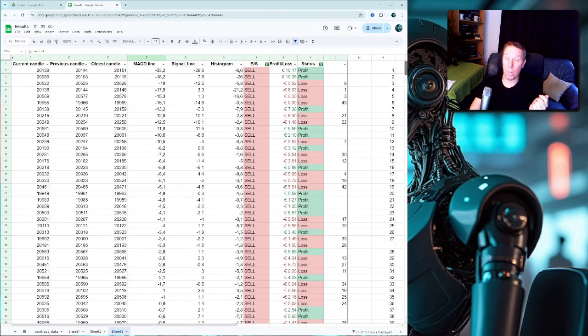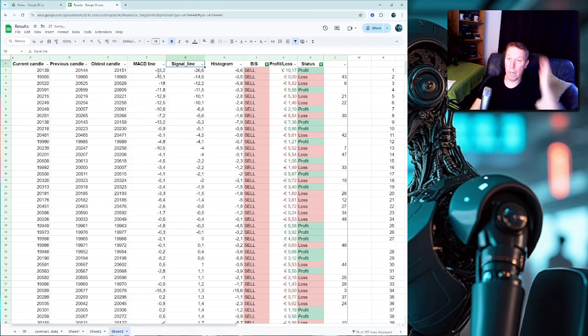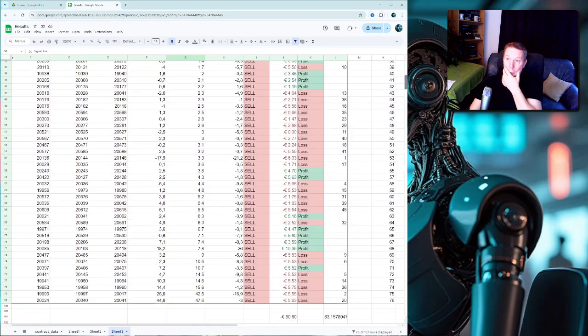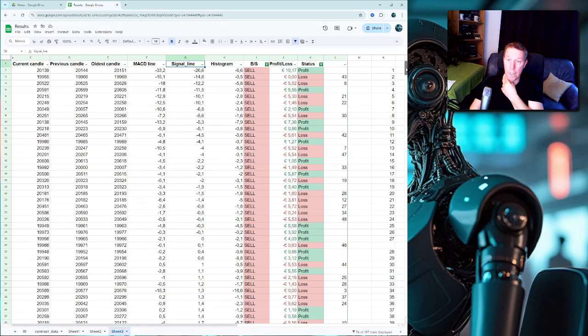So, okay, let's take a look at the signal line. We had the histogram, we had the signal line, the MACD line. Now let's take a look at the signal line. I see a lot of losses in the signal line high numbers and a lot of profits in the signal line.